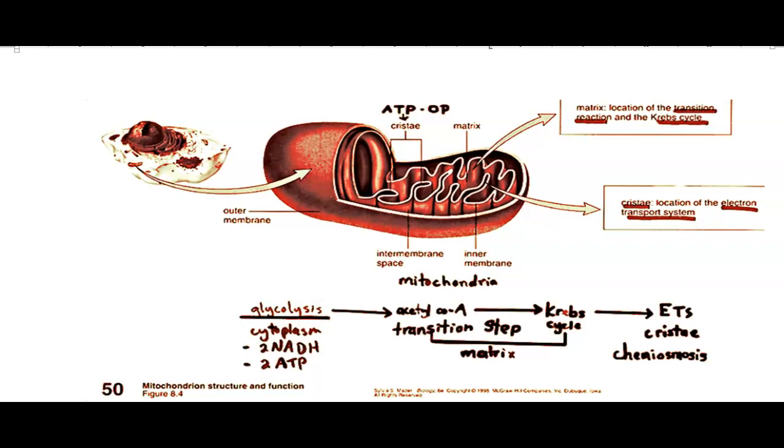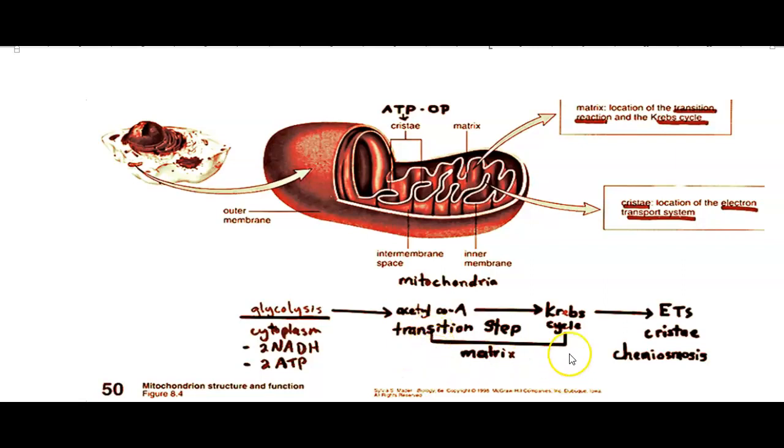And in that process, it is going to be making 2 NADHs and a net gain of 2 ATPs. When the glucose gets split into 2, it is converted into 2 molecules of pyruvate. Pyruvate have 3 carbons each. And then that is going to go into the mitochondria.